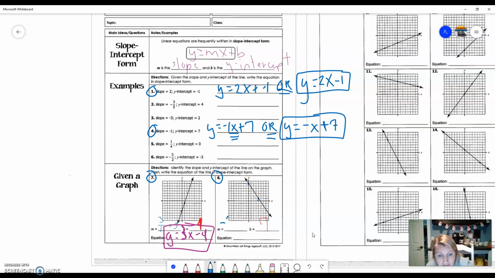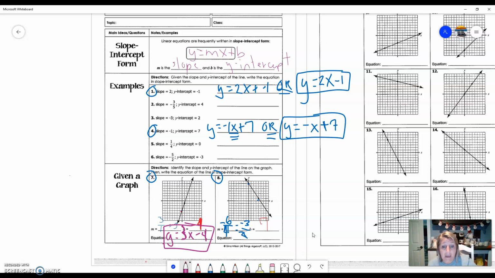So -6 over 1, 2, 3, 4. So -6 over 4 reduces to -3 over 2. You have to make sure you're reducing these as well. No decimals. These are slopes, rises over runs, no decimals.